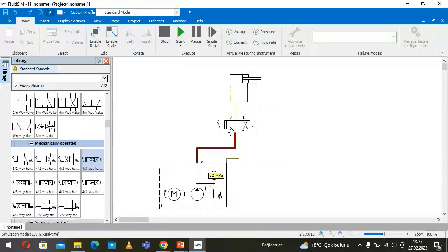Like this, we keep it here, and then I can bring it back, or I can bring it forwards like this. Okay. So we can drive the piston as we want.